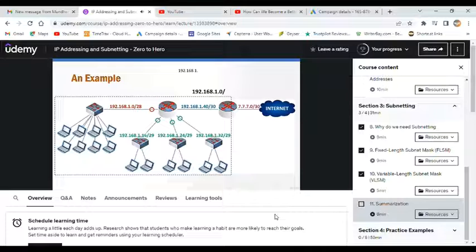So 40 is the network ID, 41 and 42 are the two usable IP addresses, and then 43 is broadcast. Okay, so here we have all zeros, and this is our definite network portion if the mask is /24, but then this value is 43 in decimal format.